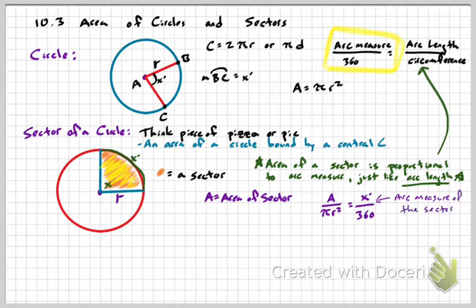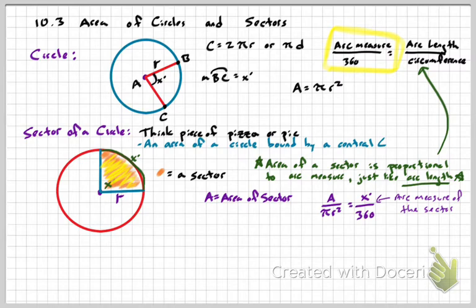And then it's obviously over 360 because 360 is the entire arc measure of our circle. So again, it's using the same principle, the same idea, that each one of these ratios as a percentage is covering the same amount of the total circle. And that's the big idea to understand, right?